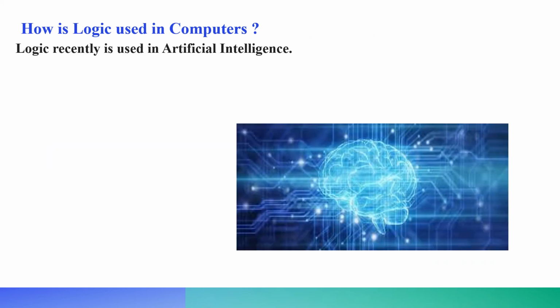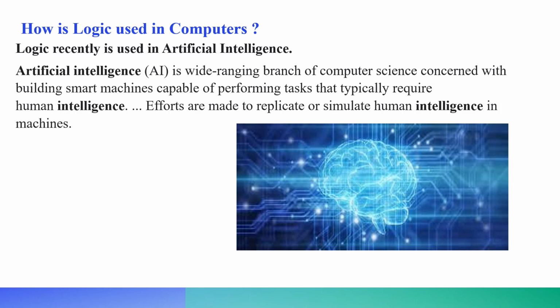Logic is also used in artificial intelligence. What is artificial intelligence? It is a wide-ranging branch of computer science concerned with building smart machines capable of performing tasks that typically require human intelligence. Efforts are being made to replicate or simulate human intelligence in machines.